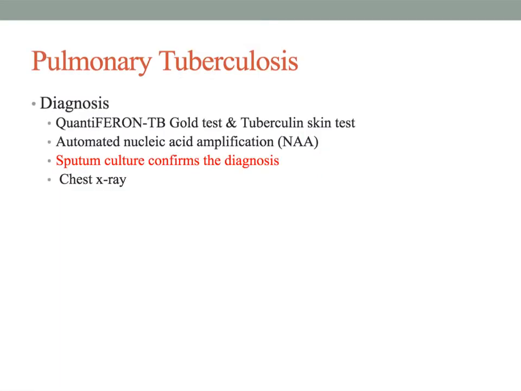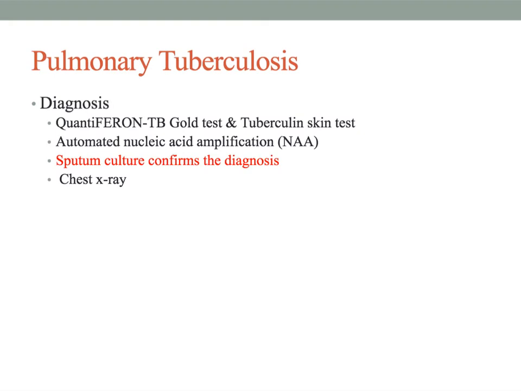So, like I said, if we have a patient that comes in coughing up blood, maybe they're an HIV patient with anorexia, weight loss, and night sweats, we will suspect a TB. We will put them into isolation for TB, a special TB droplet isolation. And then we will do some tests to determine whether that is true or not.